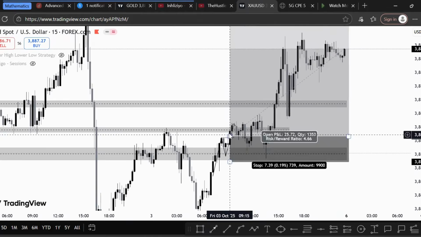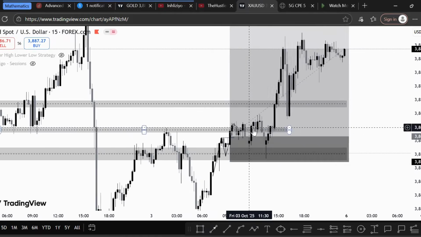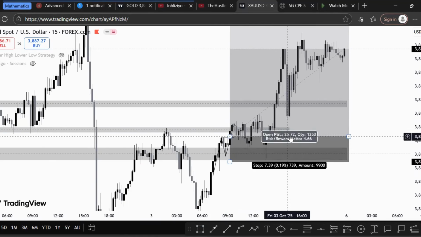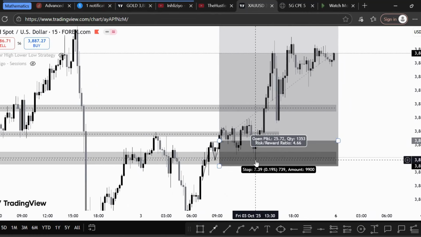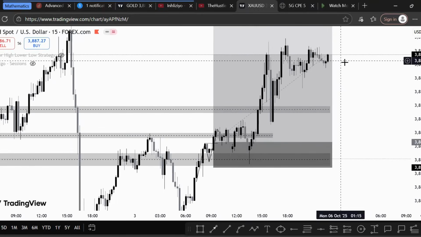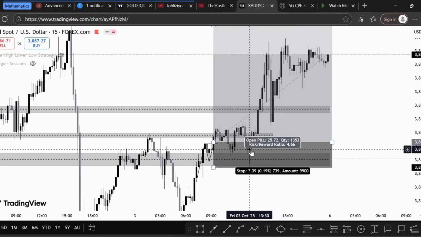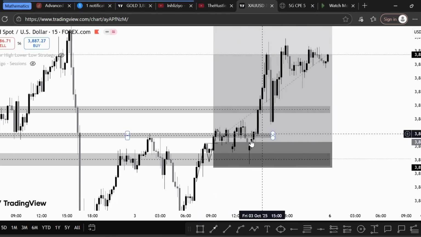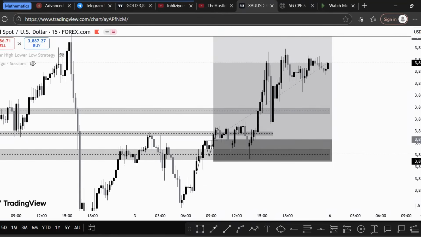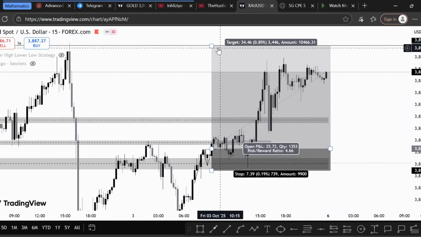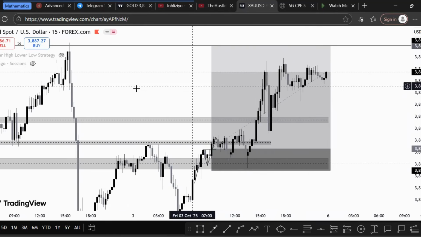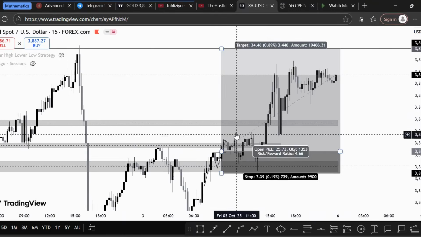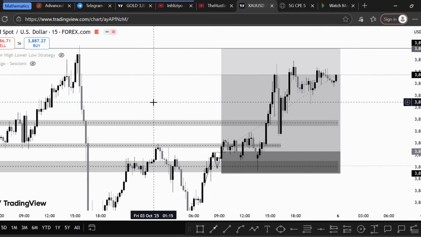So I wanted to see a nice clear break above it because price was consolidating at that level, but my stop loss was just under here and then almost got taken out, but price started to shift to the upside. I think it was almost before the NFP session, but there wasn't really much of a movement yesterday in terms of NFP on gold. So yeah, I got into the trade and then we started to move to the upside.